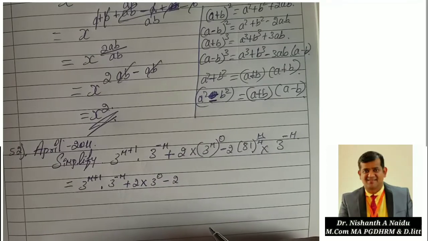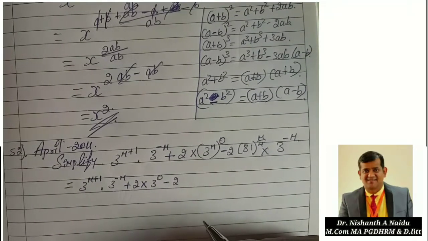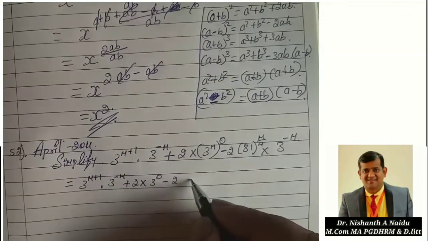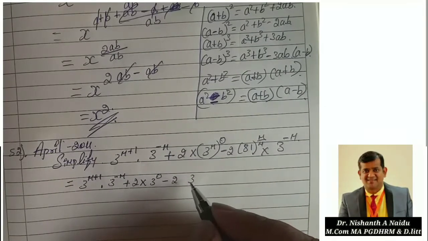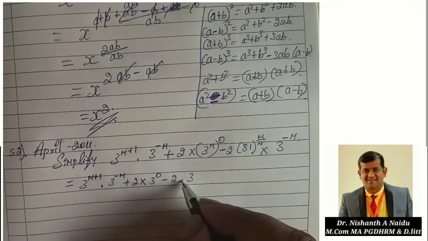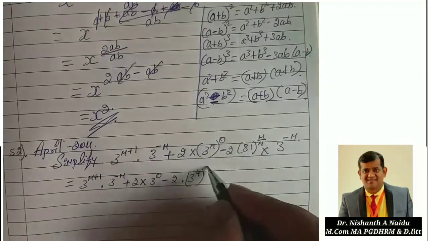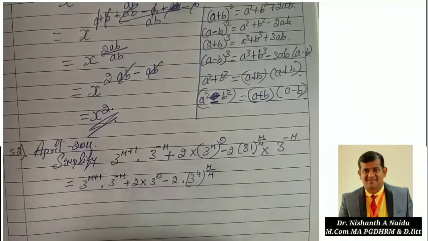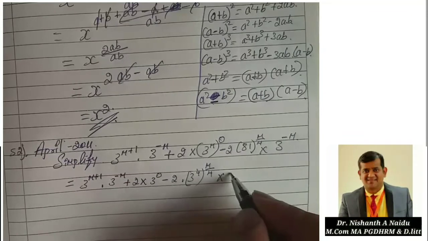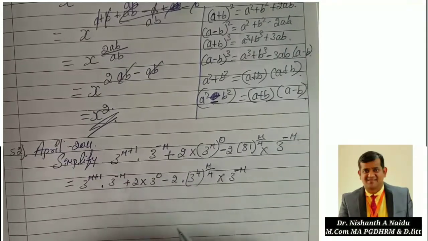Yes, 3 to the power of 4 is 81. So 3 to the power of 4 into 3 to the power of 4, whole power m divided by 4, into 3 to the power of minus m.